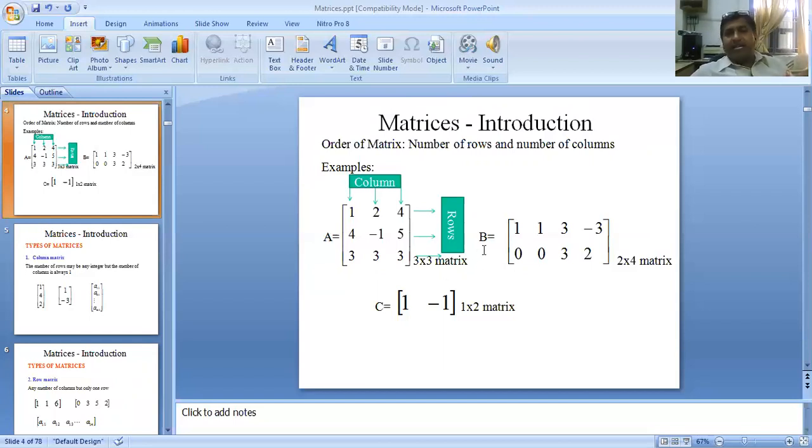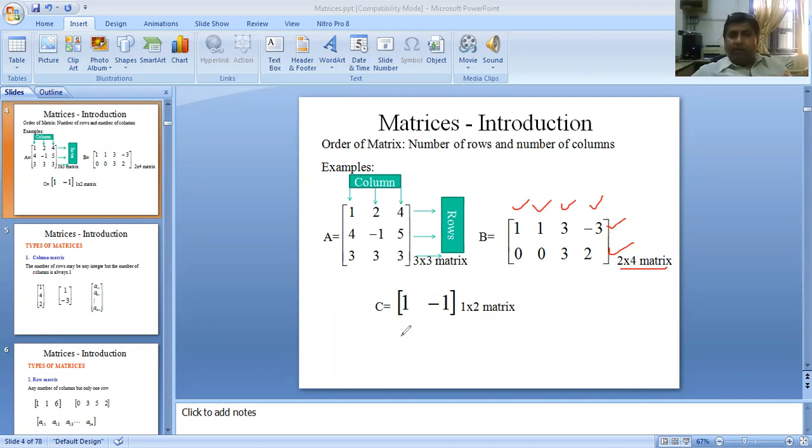Similarly, if we see matrix B, there are 2 rows, and the number of columns is 1, 2, 3, 4. So the order of matrix B is 2 by 4.